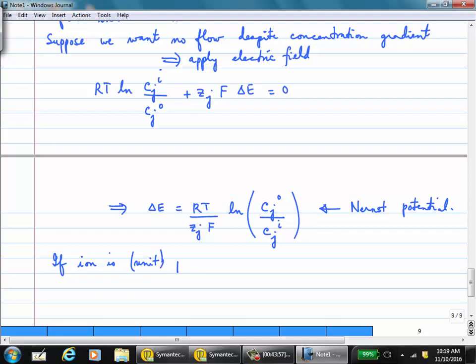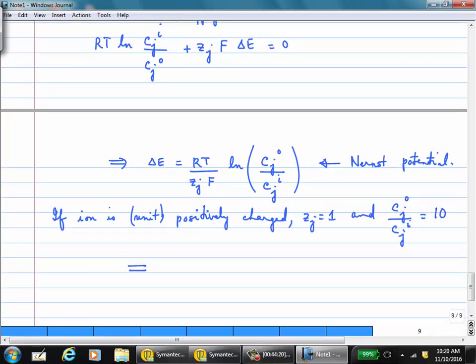So Zj equals 1. And let's say the concentration of this ion outside is 10 times the concentration inside, Cjo over Cji equals 10. Then you do the math.